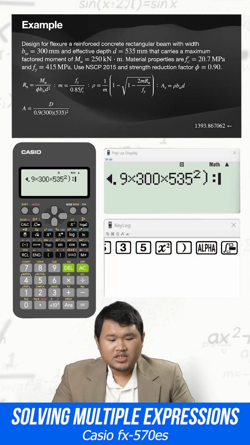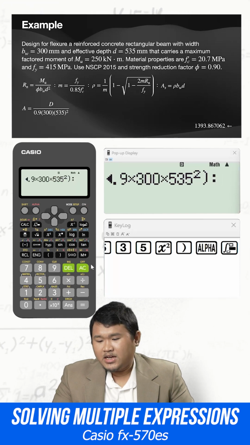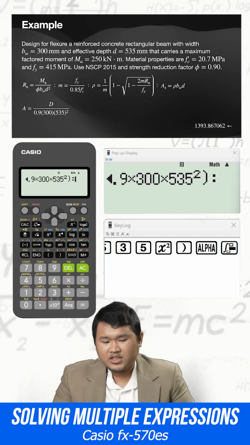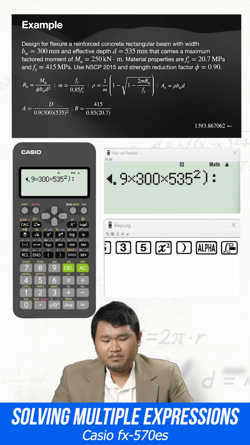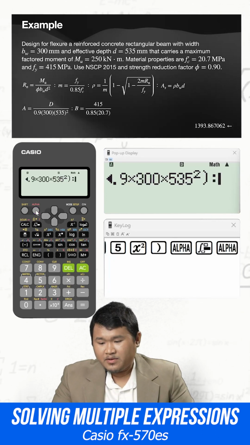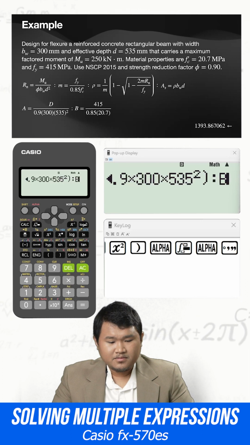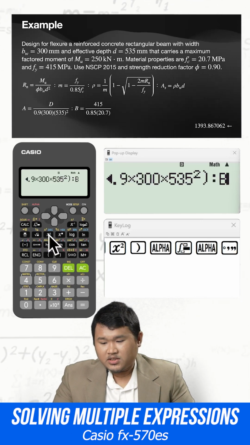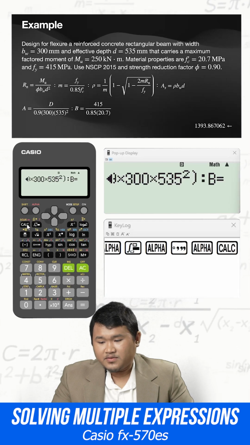Okay? Next, let's input the second formula. So m is designated by the variable B for this problem. So we have alpha, and then the degree symbol, which is this one, B, and then equals, so again, alpha, and then calc.